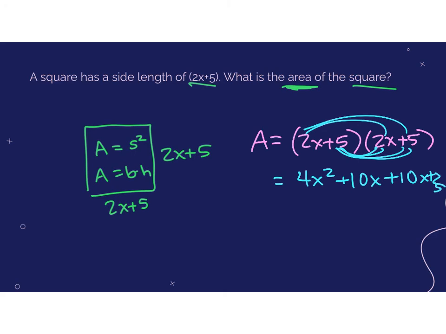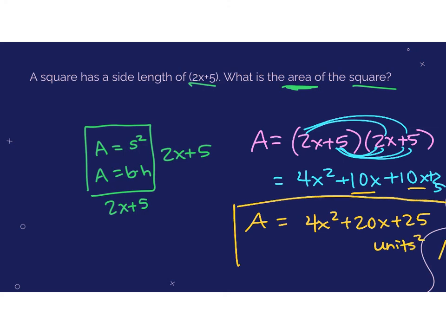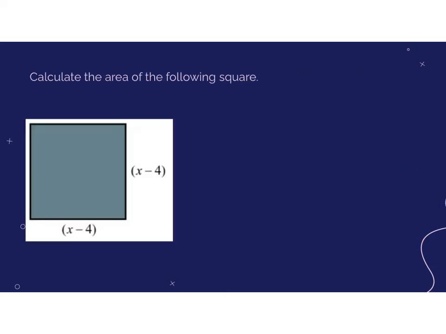Sorry, I kind of ran out of space there at the end. Hopefully you can read that. 10x and 10x together gives me, I have 4x squared plus 20x plus 25 at the end. So that's my area. I don't know the units, so I'm just going to call this units squared because it is a measurement. So since it's a measurement, I have to give it a label. And there you have it.